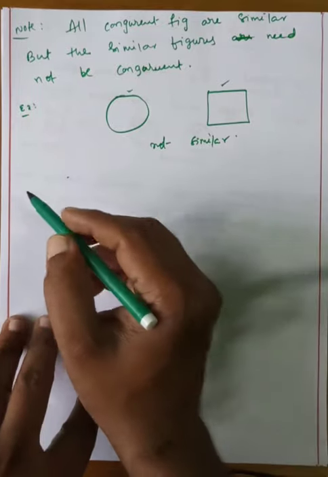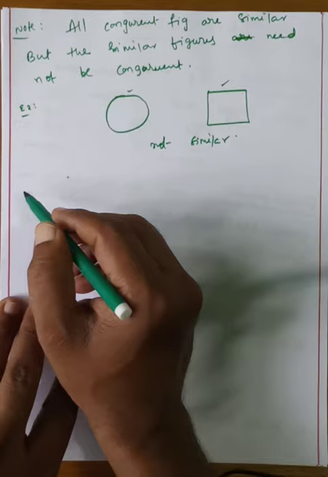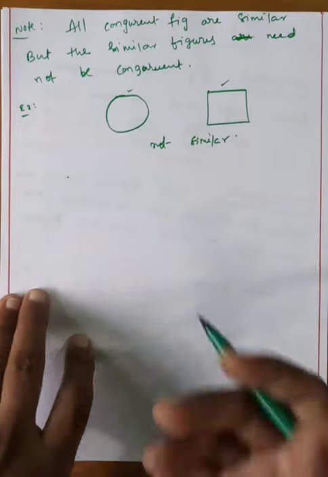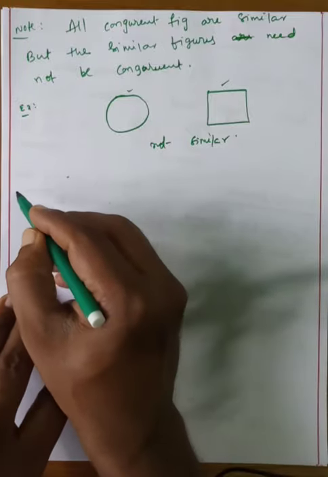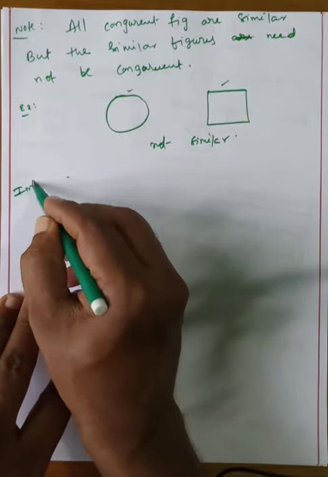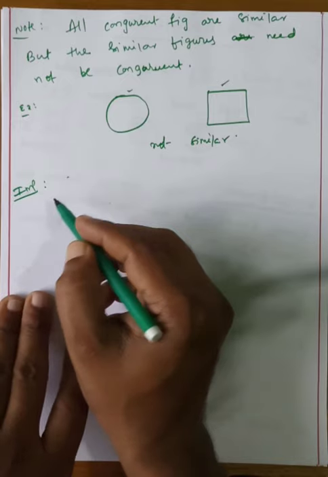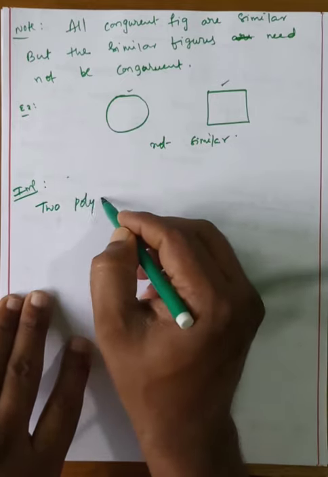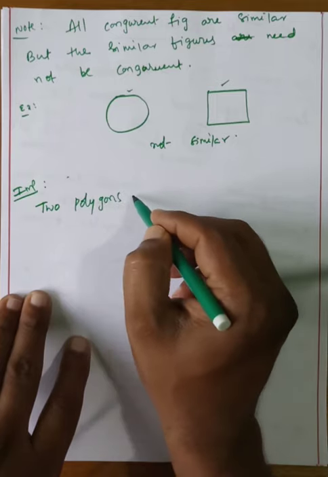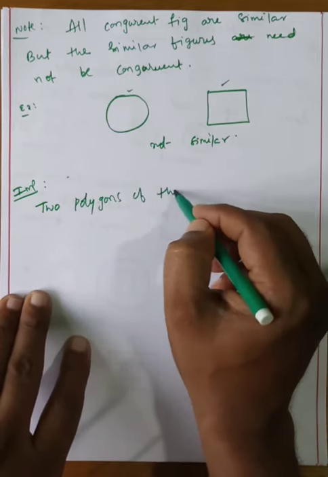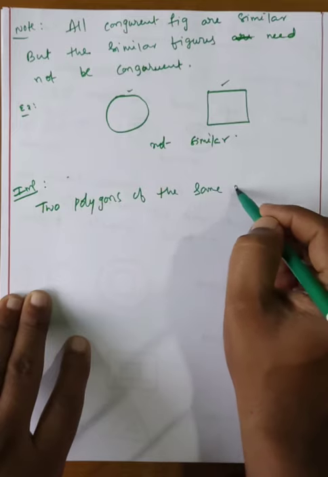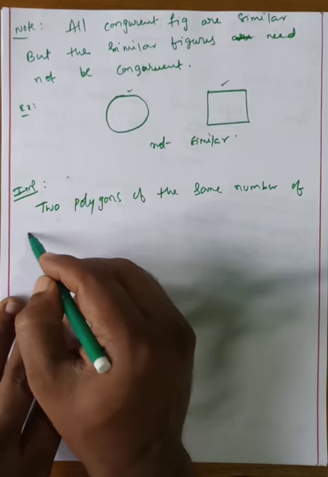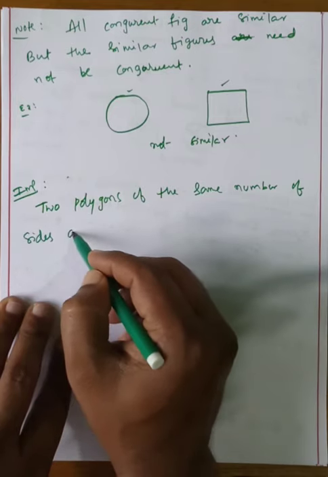Now, properties. Whenever we consider similar figures, this is very important. Two polygons of the same number of sides are similar.